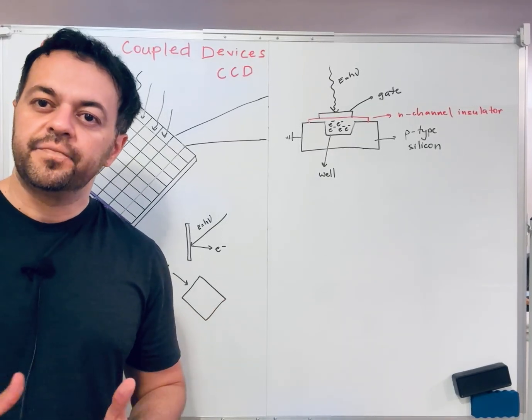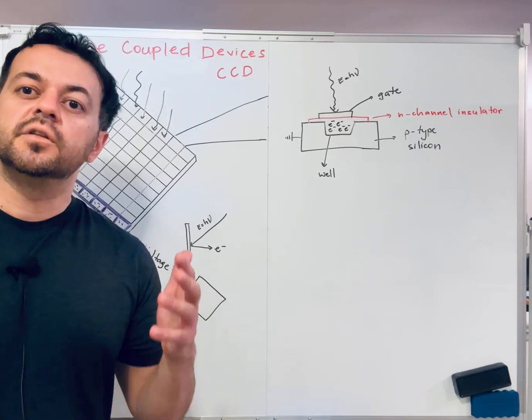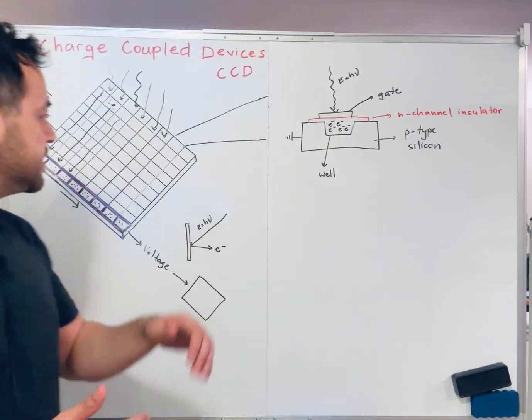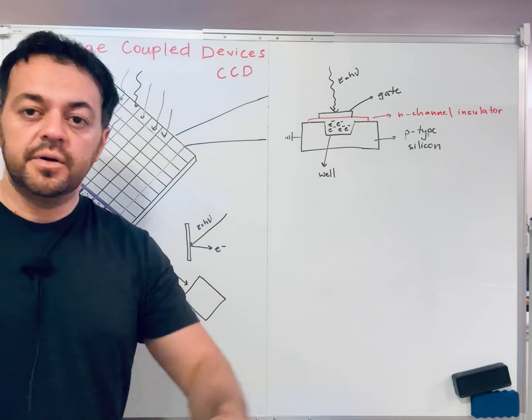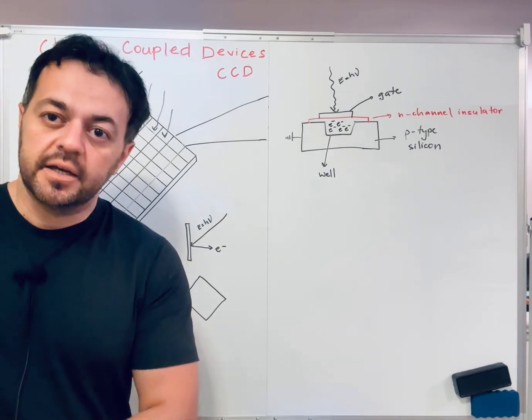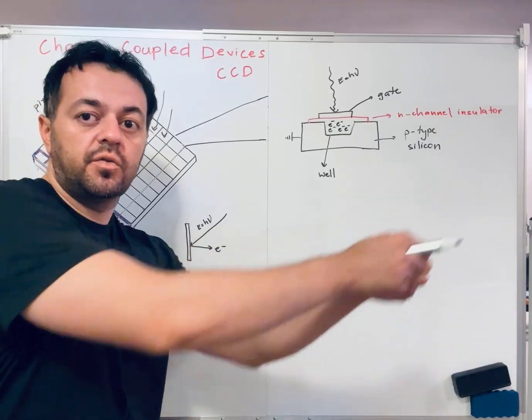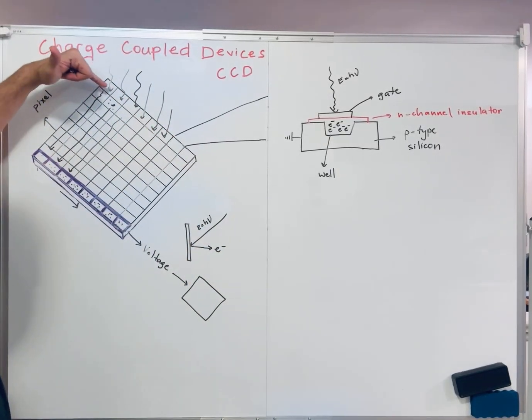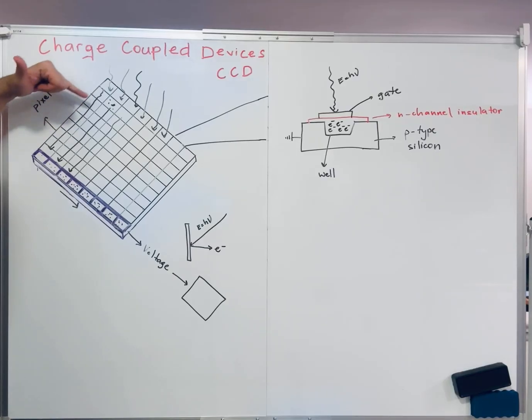So we can also compare this to what we call a bucket brigade. It's the same thing as when people are carrying buckets of water, one by one. One bucket is here, and then they transfer it here and here and here across vertically, and then they fill this bucket right here.